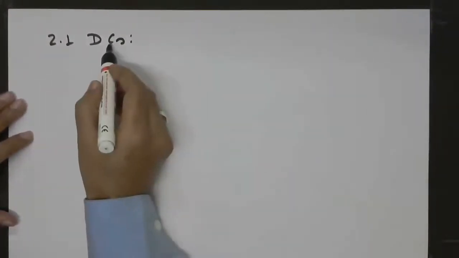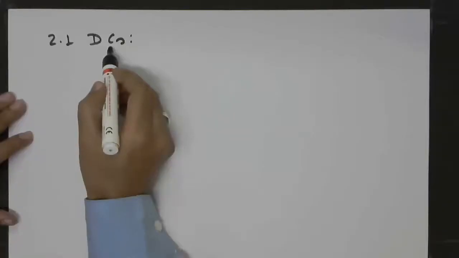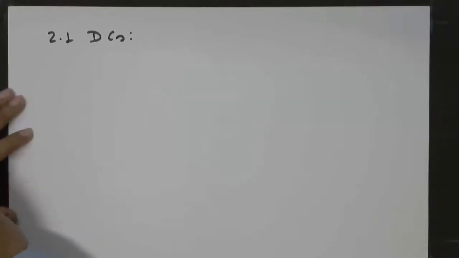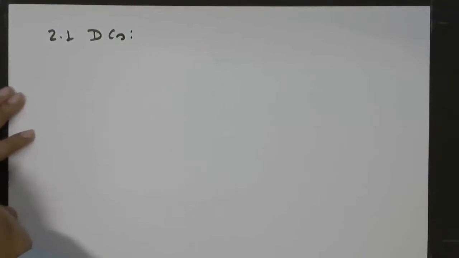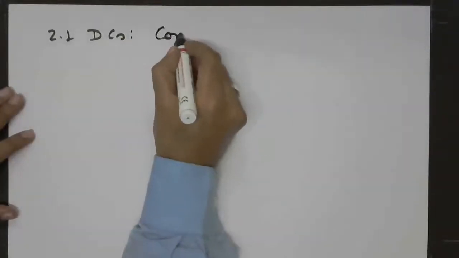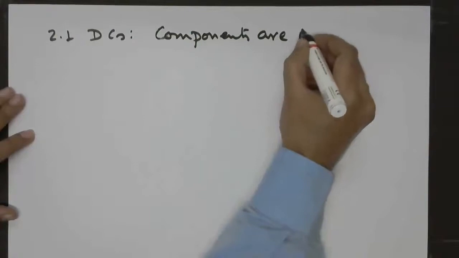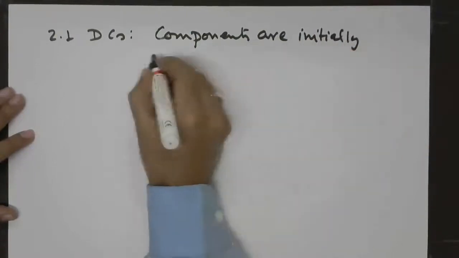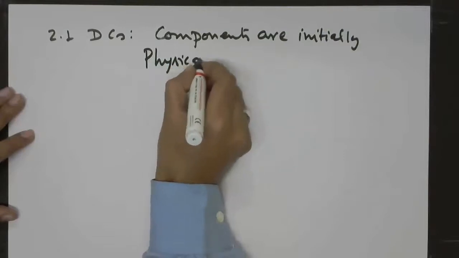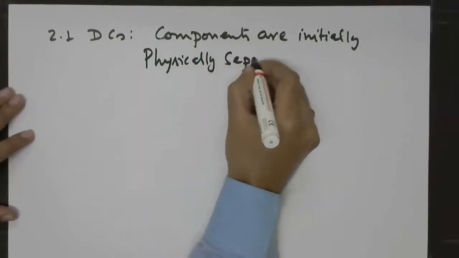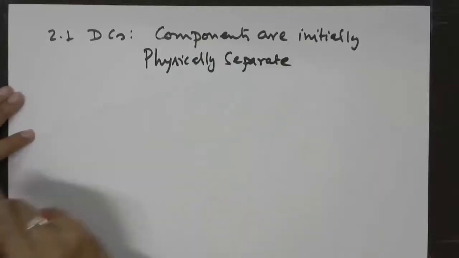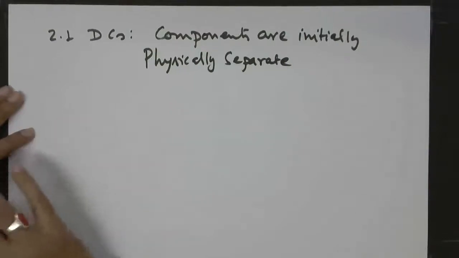If you talk about the discrete circuit, all the circuits are basically a network of individual components. In a discrete circuit, each component of the circuit has its own physical separate existence. So the components are initially physically separate, and then they are typically manually interconnected using wires and solder.